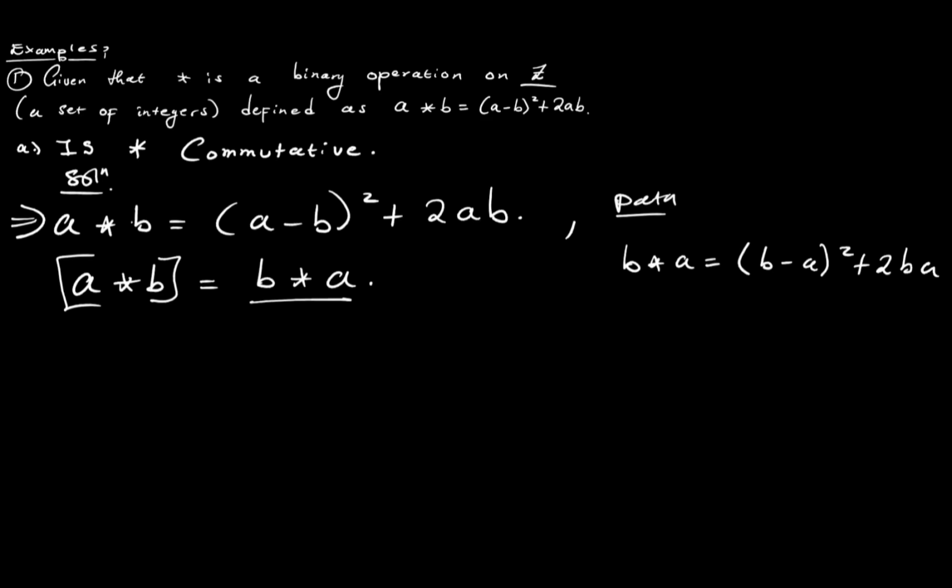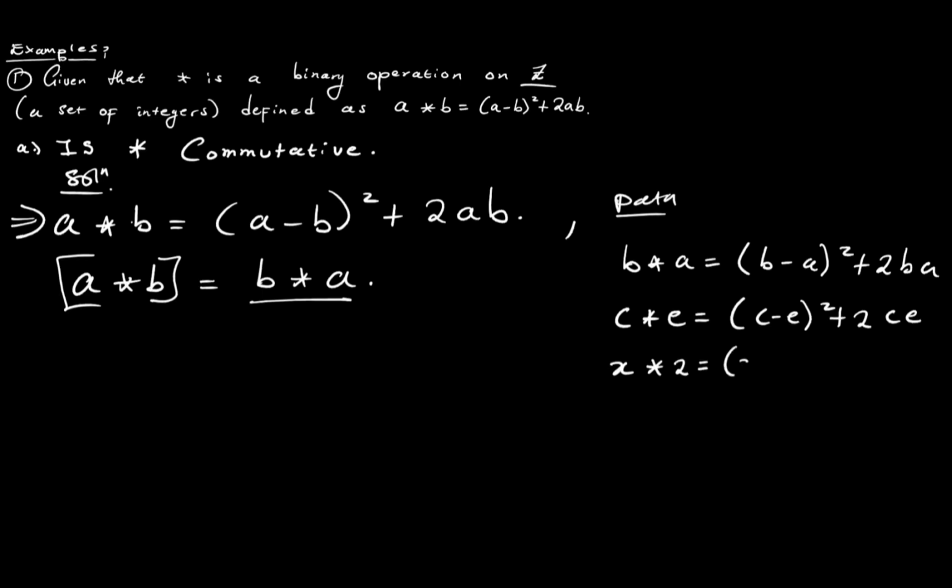Now, I want you to try this one. Let's say I give you something like C star E. How is it going to come out? C star E will simply be, I'm starting with C, then minus E squared plus 2CE. What if you have something like X star 2?